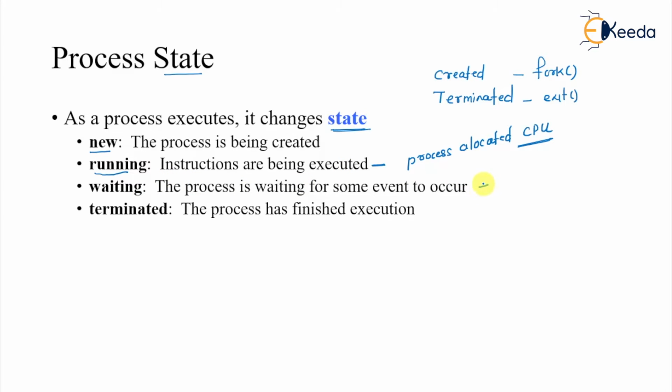And if a process is waiting for an event to occur, and we will talk about this event shortly, then it will be in the waiting state. Finally, if the process finishes its execution, it will be in the terminated state. So these are the four different states a process can be in: new, running, waiting, and terminated.